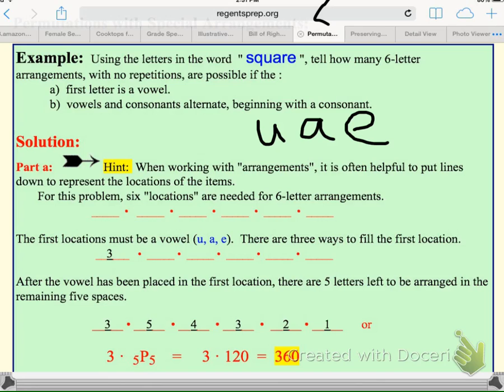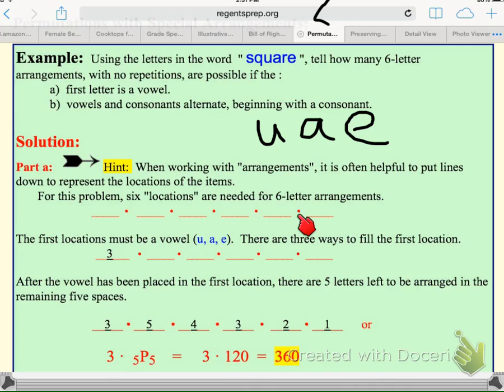So when working with arrangements, it's often helpful, you've seen me do this, to put down lines to represent the locations of the items. For this problem, 6 locations are needed for the 6-letter arrangements. So again, I'm trying to use those letters to tell how many 6-letter arrangements with no repetitions are possible if your first letter is a vowel. So 1, 2, 3, 4, 5, 6.